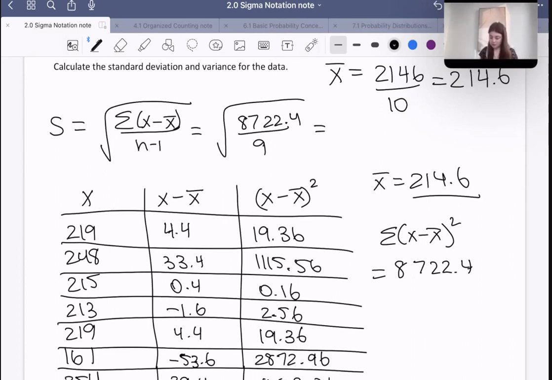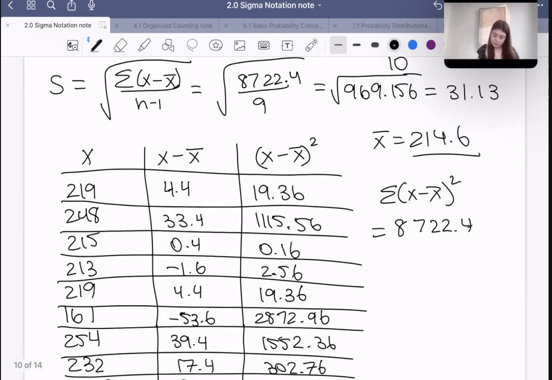So let's do that. 8,722.4 divided by 9 is equal to 969.156 approximately, which the square root of that is 31.13.